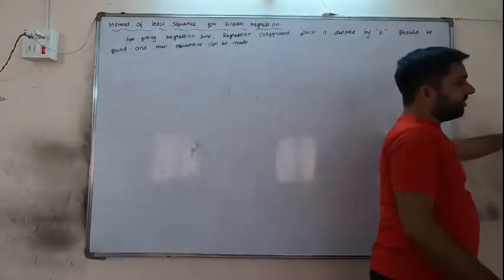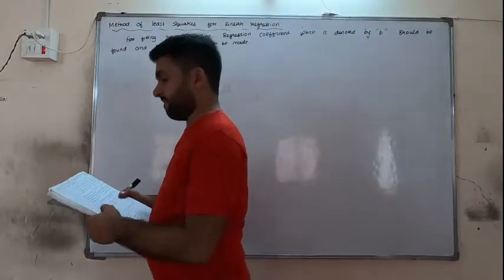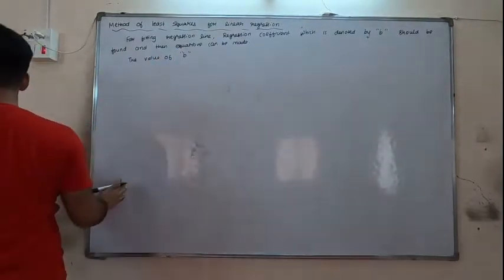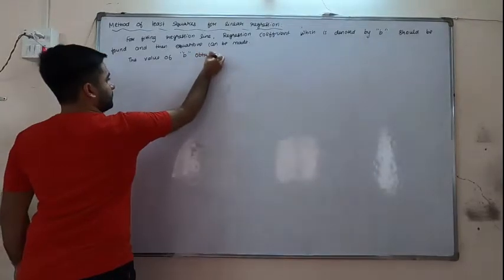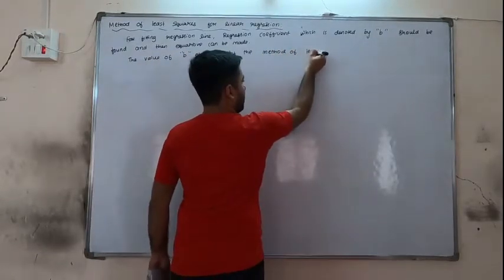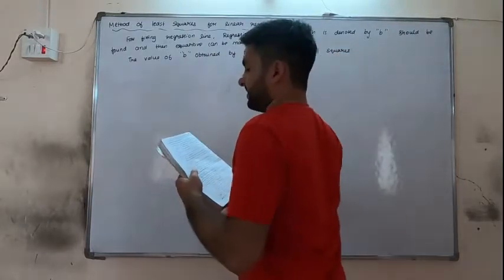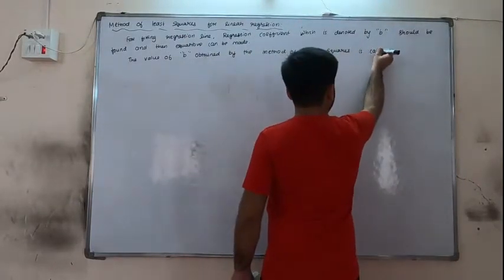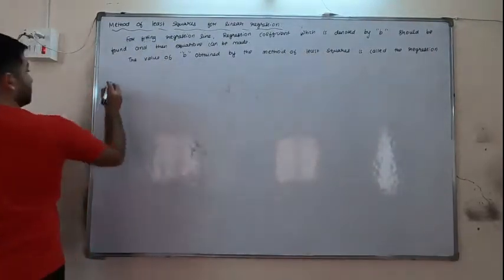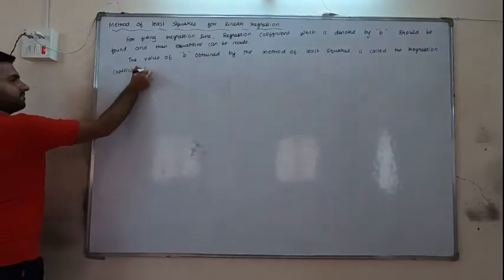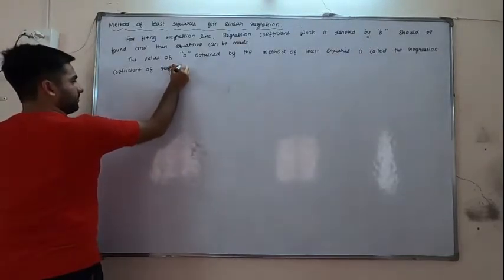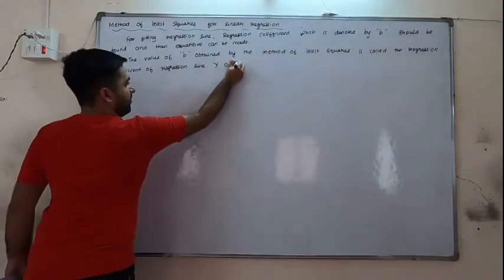Now we are writing something about this regression coefficient. The value of b obtained by the method of least squares is called the regression coefficient of regression line y on x. Why y on x?